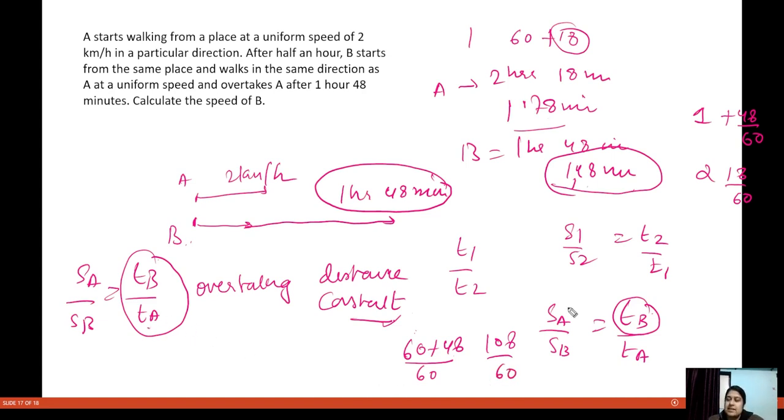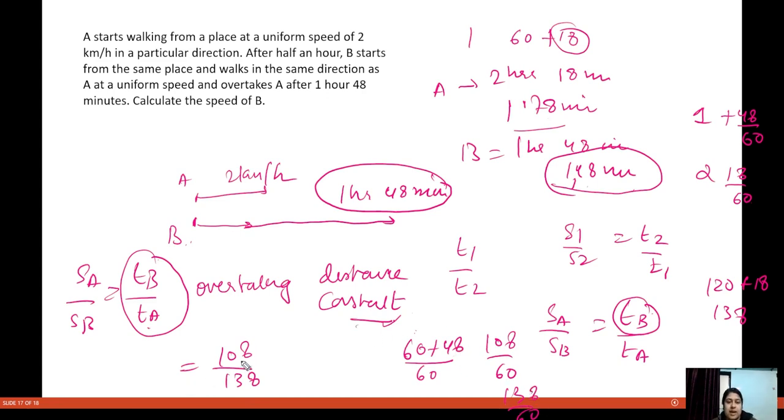And TA is 120 plus 18, which is 138, so 138 by 60. So TB by TA is equal to 108 divided by 138. The 60 and 60 will automatically get cancelled.